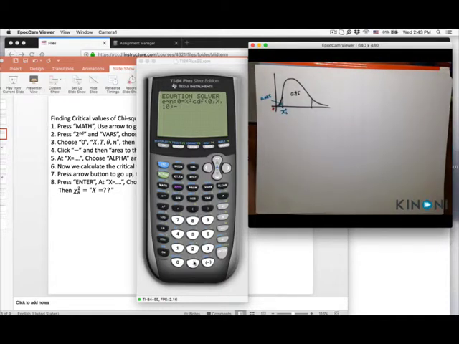That will be 0.025. One more time, this is solving the equation. I set up the equation equal to 0: cumulative area starting from 0 until this point, chi-square to the left, and then the degrees of freedom, minus the area from the left. That's 0.025. And then enter.